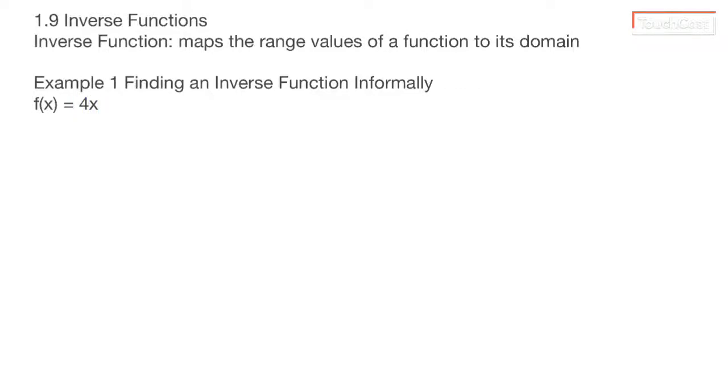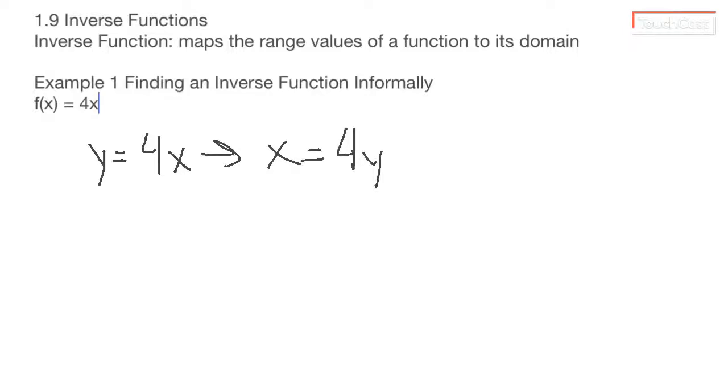All we are going to do to find the inverse, let's rewrite the function as y equals 4x. And then we are going to switch the x and the y. So instead of y equals 4x, we're going to have x equals 4y, and we're going to solve it for y.